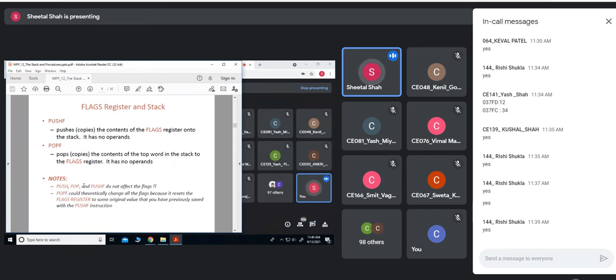You may say that if I'm using the popf instruction, the status of the flags might change, but this is the status we have already pushed and are retrieving back. So theoretically, it would not change the status of the flag register.